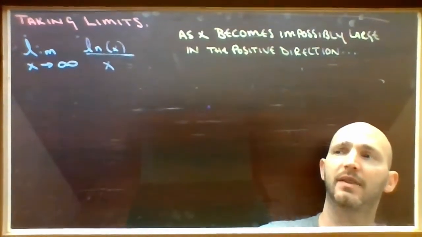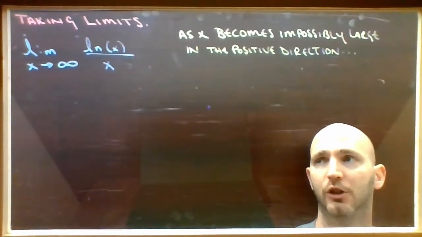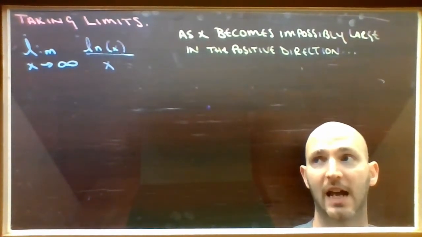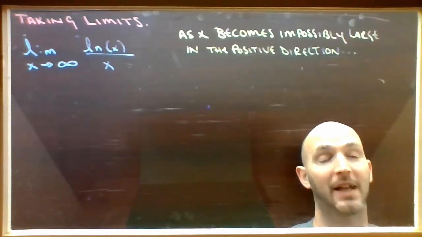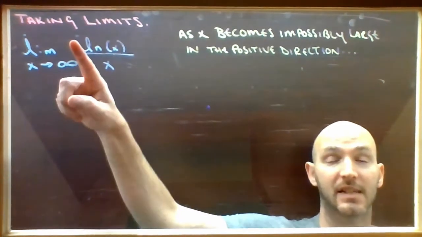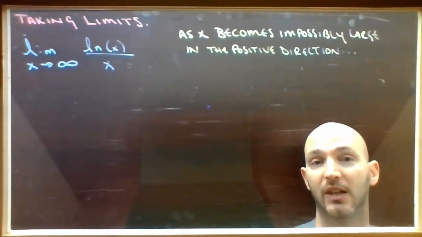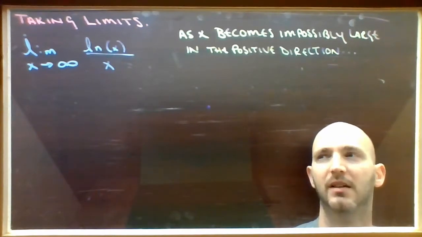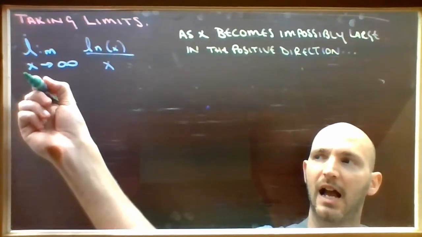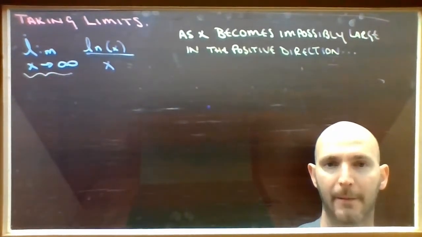And I'm going to try the factoring method. Do you know how to factor the natural logarithm? Well, that's enough of that then. If this doesn't factor, then obviously you can't use the factoring method, so we're going to have to use the approach method.